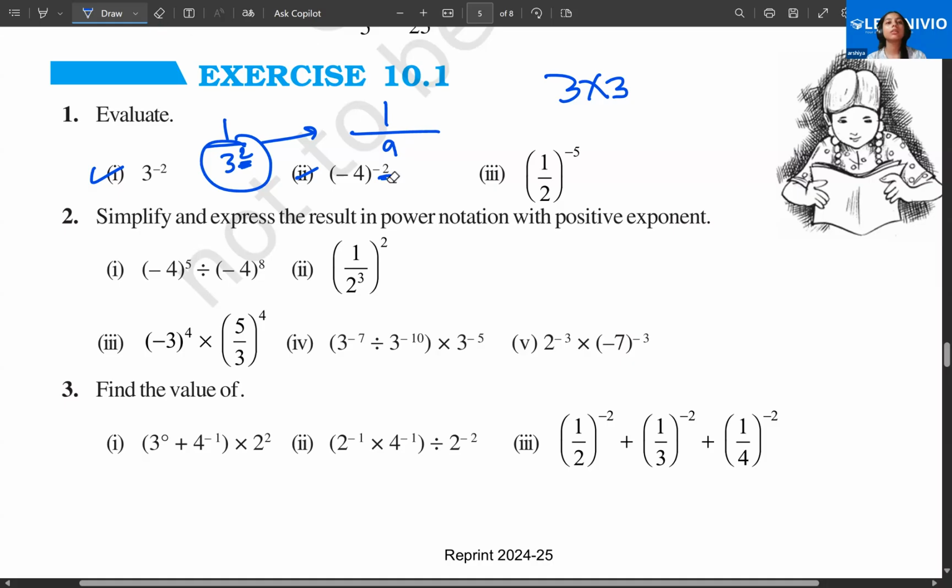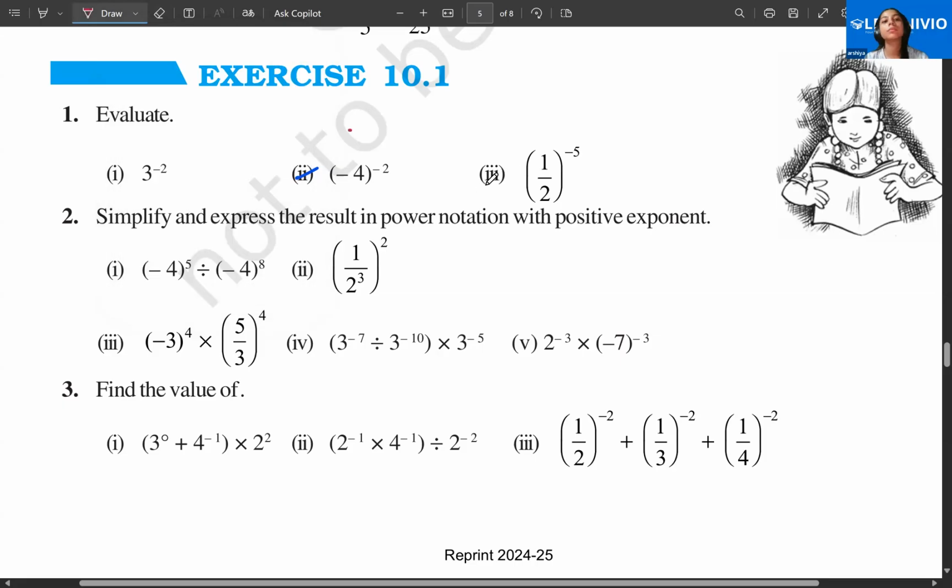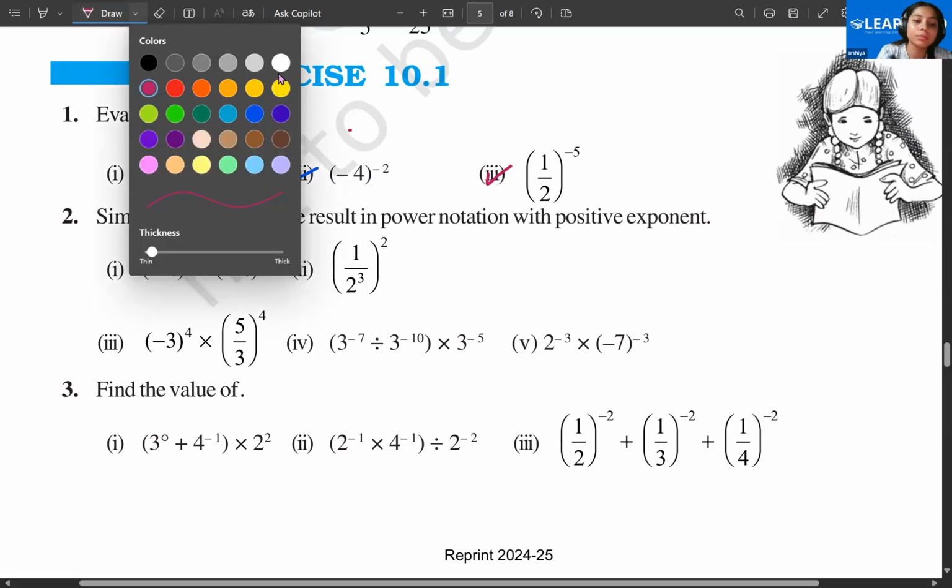Question one, second part: -4 to the power of -2. Ma'am, I can't understand this one.